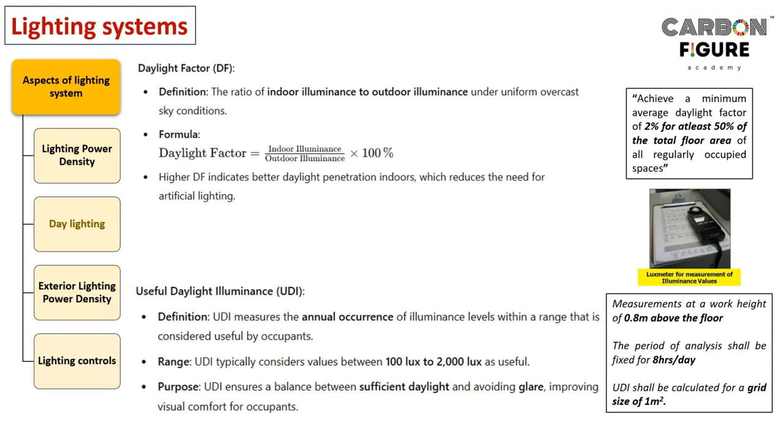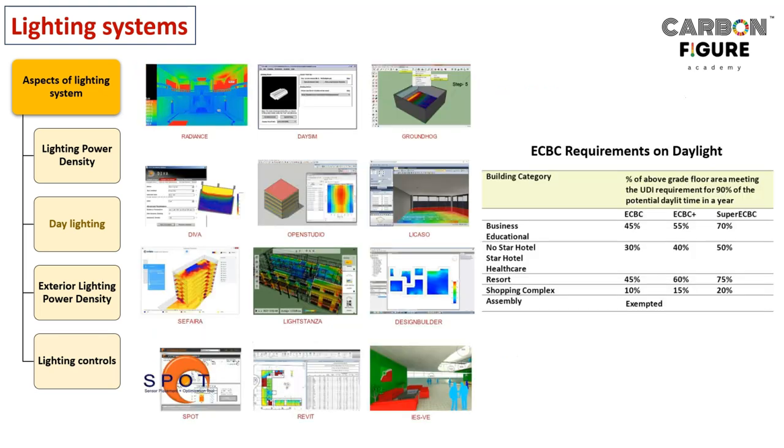For doing this, we don't need to worry, as there are a lot of software solutions. We can use them to understand the different UDI values for our different spaces, within the context of natural daylighting, right?